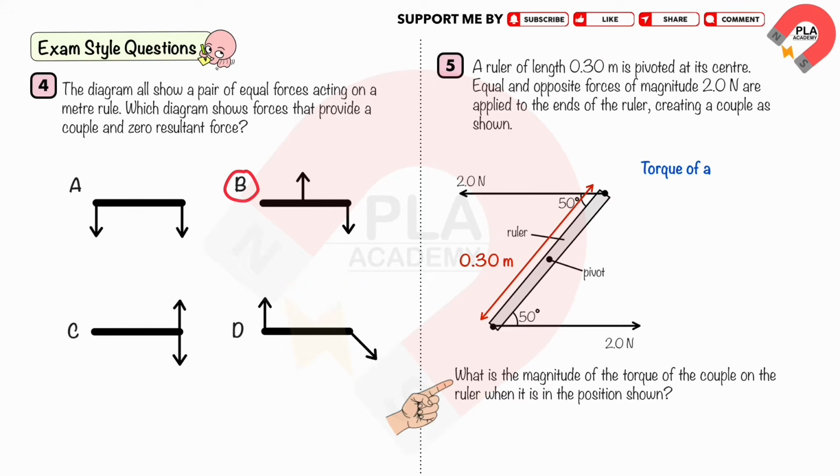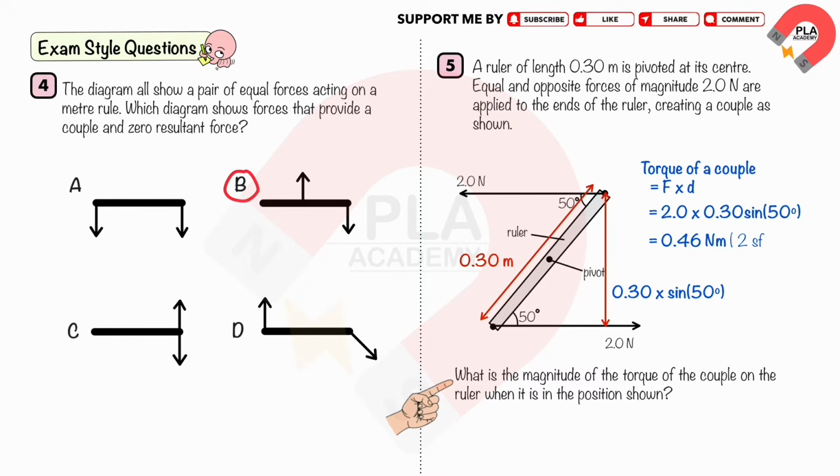Torque of a couple is one force multiplied by the perpendicular distance between the forces. The perpendicular distance between the forces is 0.30 sin 50 degrees. So, the torque of a couple is 2.0 times 0.30 sin 50 degrees, which is 0.46 newton meters for 2 significant figures.